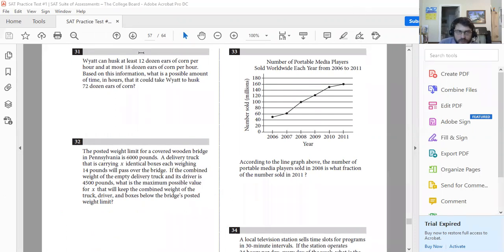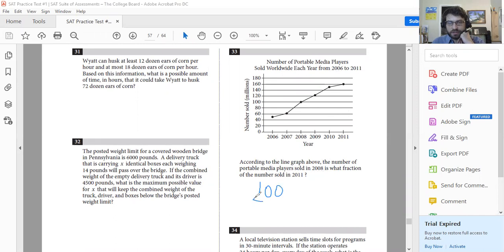And let's go to number 33. Number of portable media players sold worldwide each year from 2006 to 2011. According to the line graph above, the number of portable media players sold in 2008 is what fraction of the number sold in 2011? So in 2008, 100 million were sold, but we're going to be dividing, so it's not important.